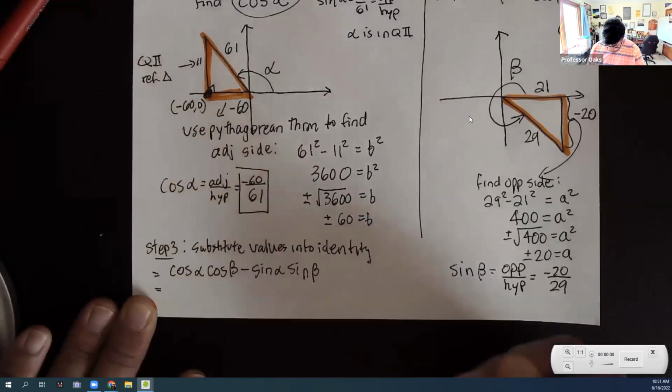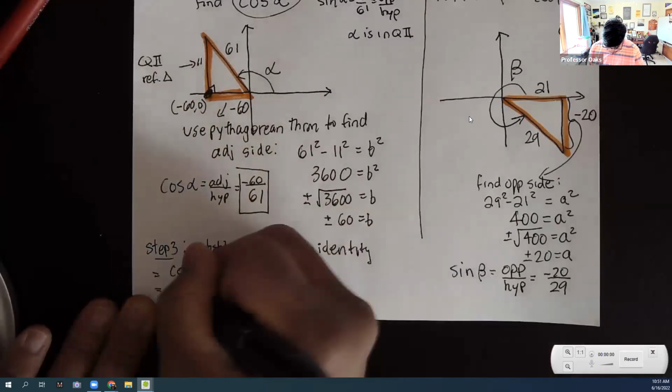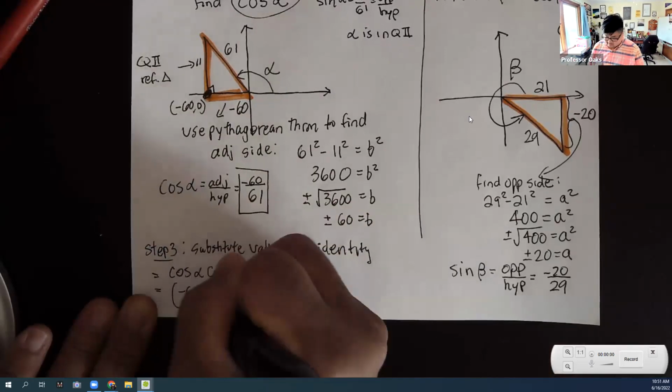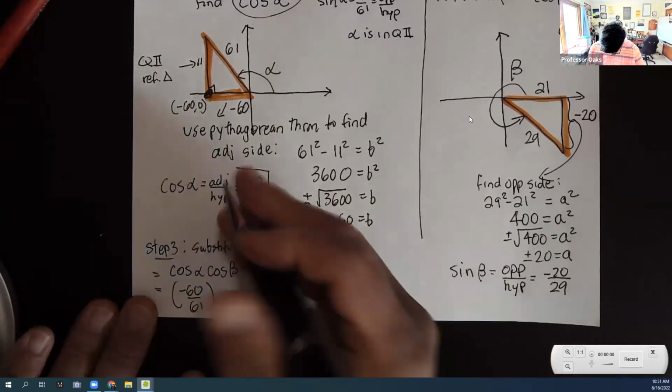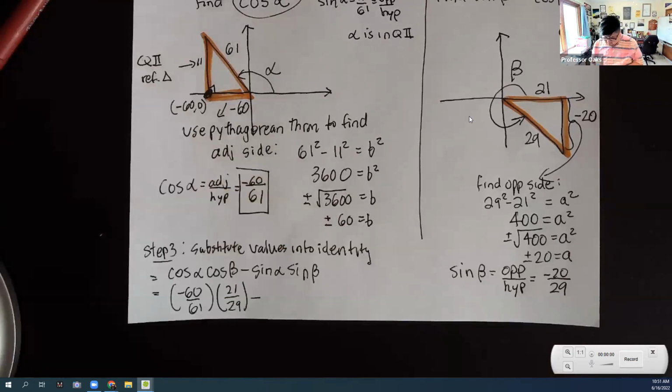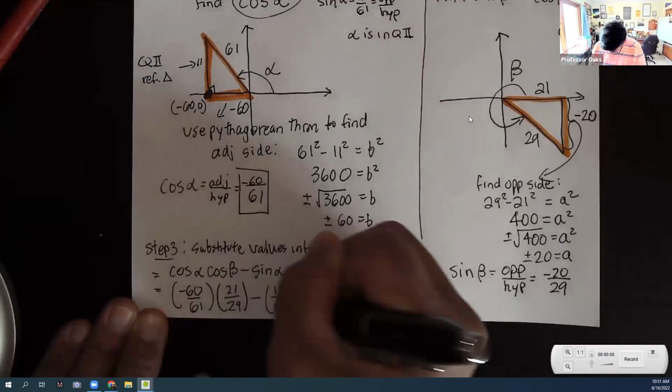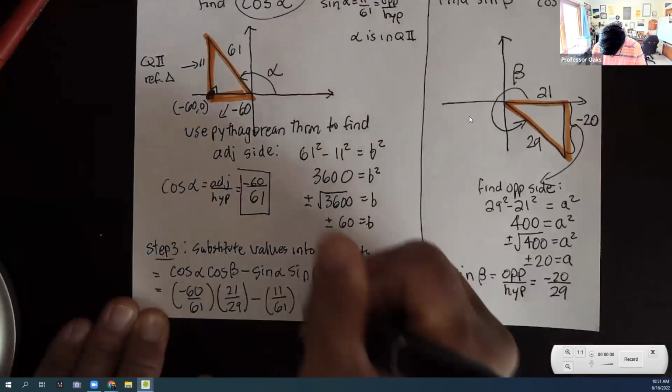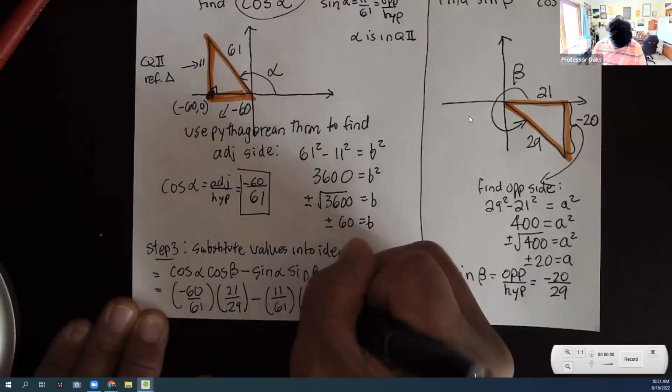Cosine of alpha, we just found, is negative 60 over 61. Cosine of beta, they told us at the beginning, was 21 over 29. Sine of alpha, they told us at the beginning, was 11 over 61. And sine of beta, we just found, is negative 20 over 29.